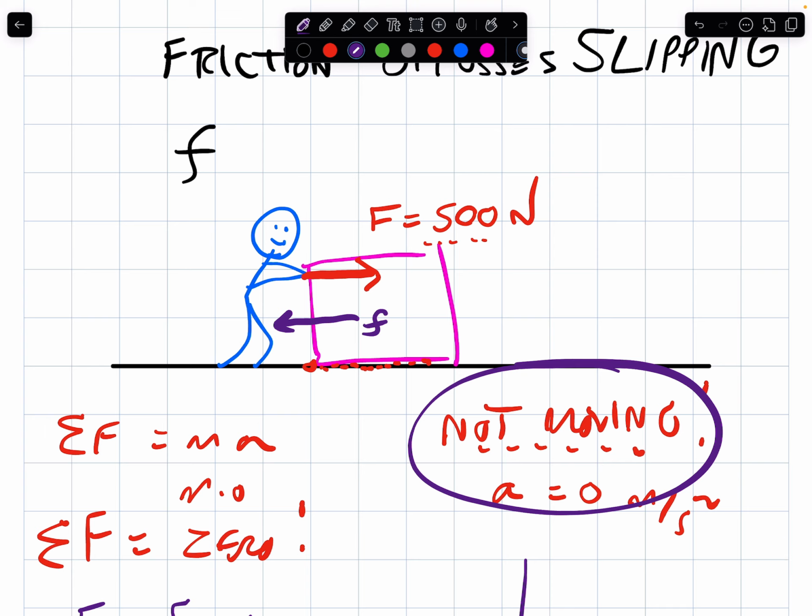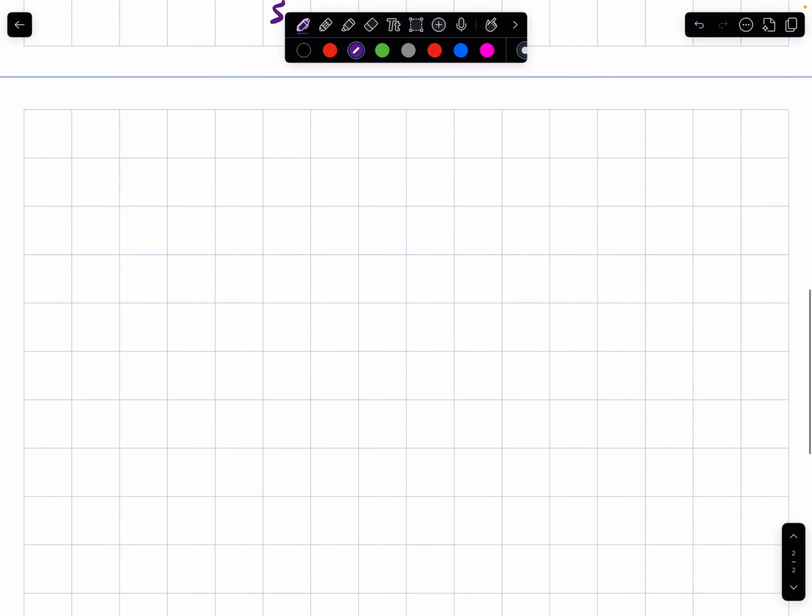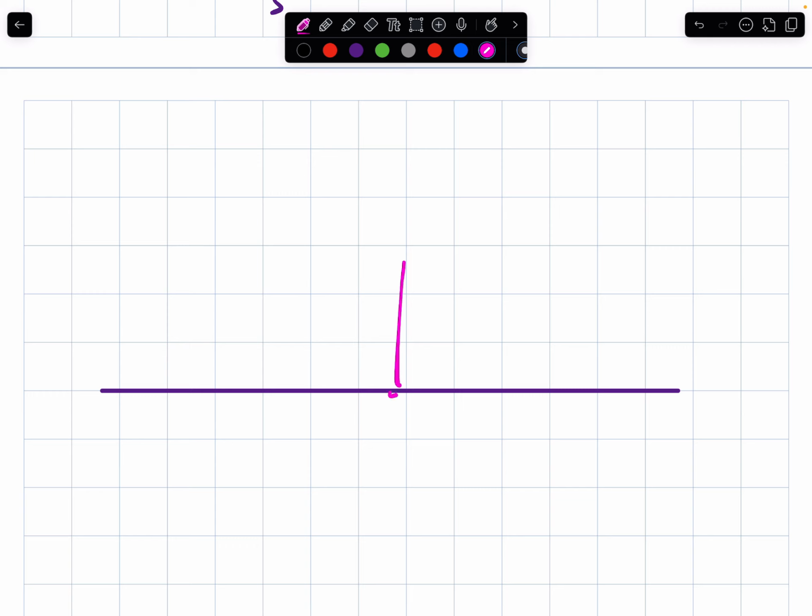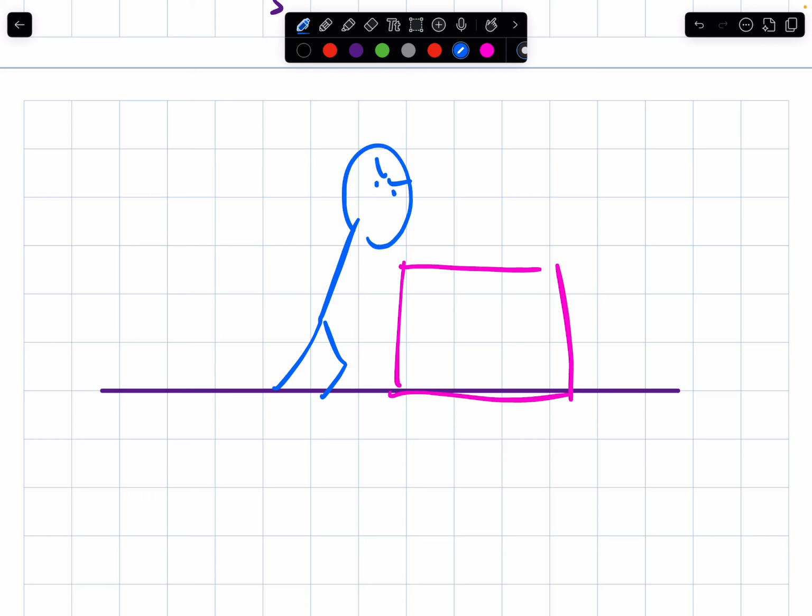So let's try another one like this. Same guy, same box. It's a big pink box, right here. But this time he's really serious.